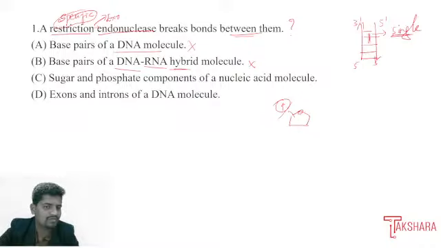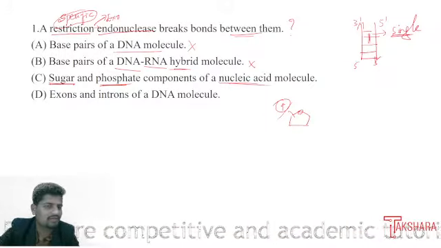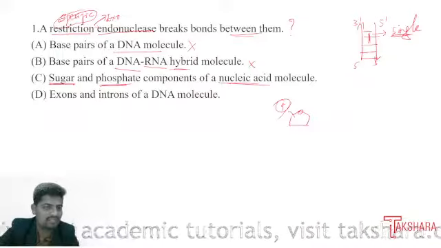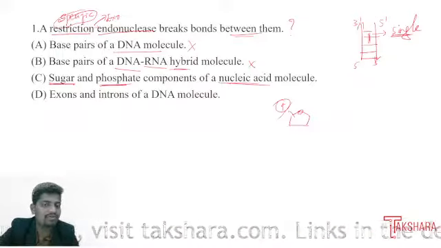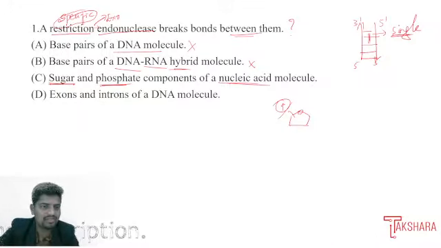This bond-breaking is the endonuclease activity, or exonuclease activity, in between the sugar with respect to the phosphate component present on the nucleic acid of DNA. So we have to consider the endonuclease activity. So option C will be the correct example in relation to the breakdown of the bond between them.